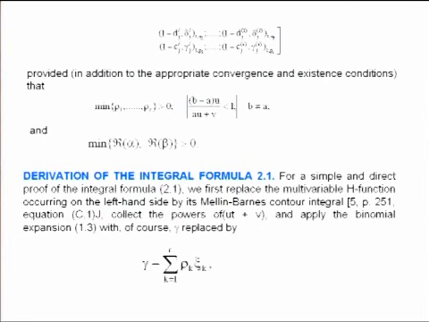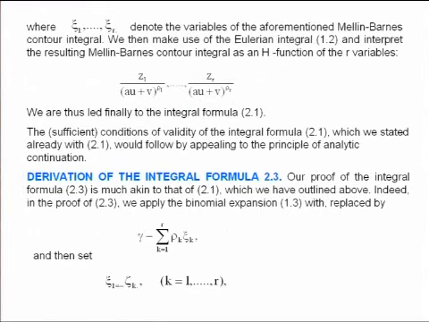We first replace the multivariable S function occurring on the left-hand side by the Mellin-Barnes contour integral, following the Srivastava monograph of 1982, collect the powers of ut plus v, and apply the binomial expansion of 1.3 from the introduction, and we get the result, where psi 1 to psi r denote the variables of the aforementioned Mellin-Barnes contour integral.